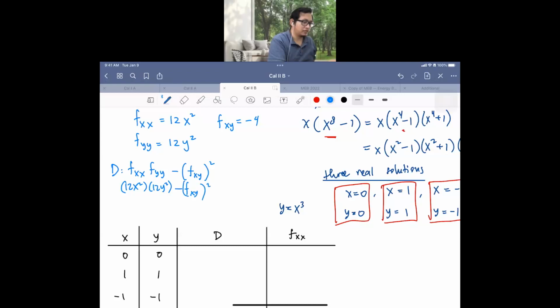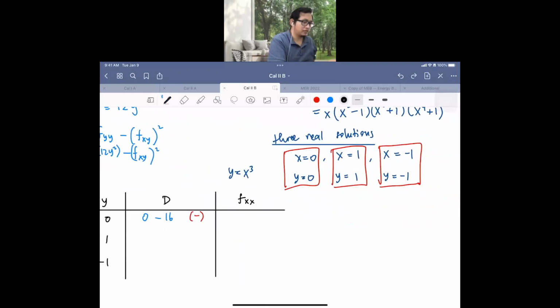So for 0, 0, this will be 0, right? 0 minus 16. So it's minus. We don't really need the partial xx for this minus. Conclusion: 0, 0 is a saddle.